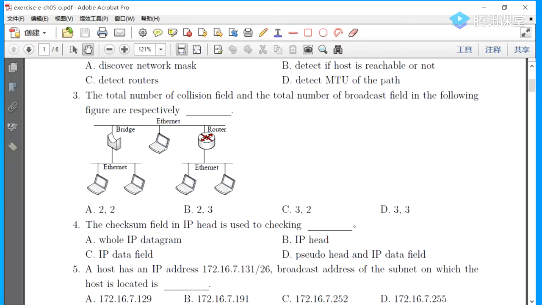And the checksum field in the IP header is used to check only the IP header portion. The total number of collision domains is 3. The total number of broadcast domains is 2, because this router makes the whole network into 2 broadcast portions.